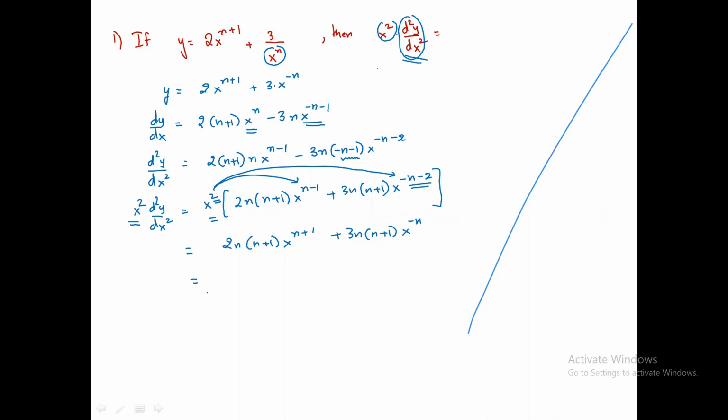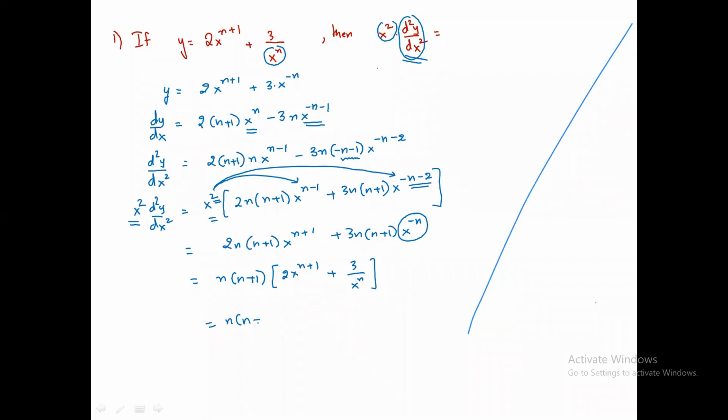Now, in order to get the options, I have to take n into n plus 1 common. Left is 2x power n plus 1 plus 3 by x power n. I am taking this x power minus n down to the denominator. Why did I do this?